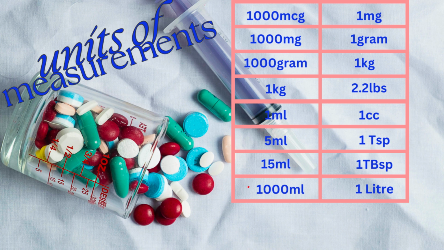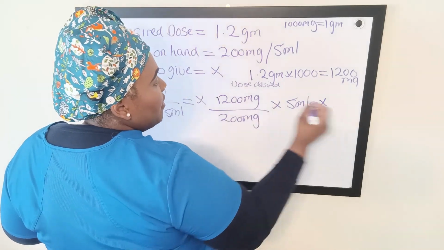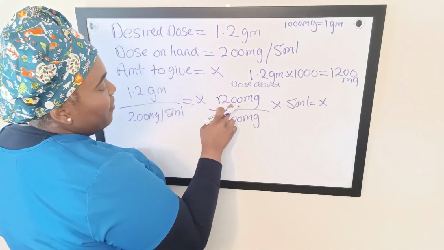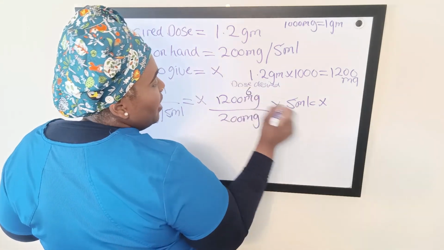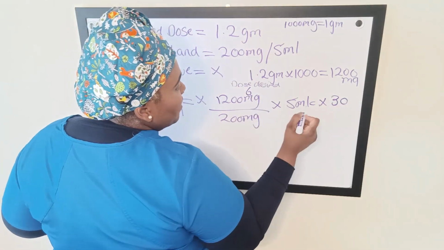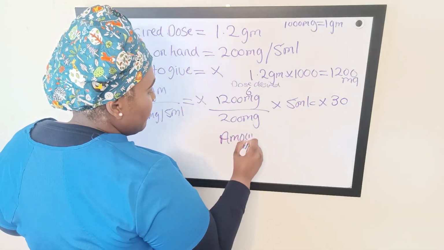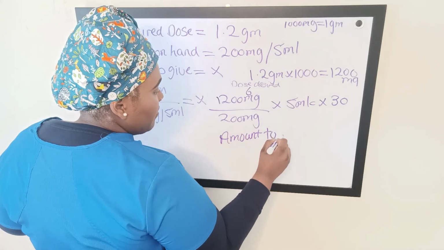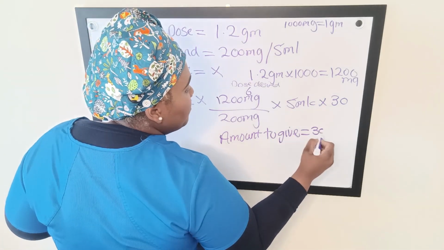Because 200 equals 5, right? So it's going to be 30 at the end, because 1200 divided by 200 is 6, multiplied by 5 is going to give us 30. So X, the amount to give, is going to be 30 mils.